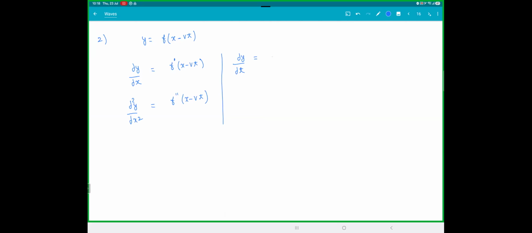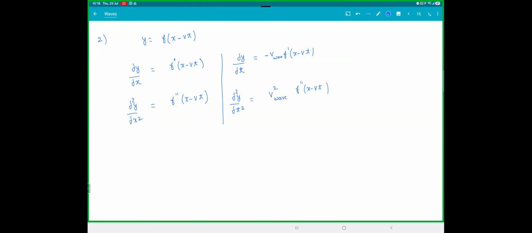Dou y by dou t will be minus v f dash (x minus vt). Hope you remember chain rule. Differentiate this and differentiate whatever is inside. You get a minus v outside. Double differentiate, dou square y by dou t square. This will become v square, this is v wave, f double dash (x minus vt).